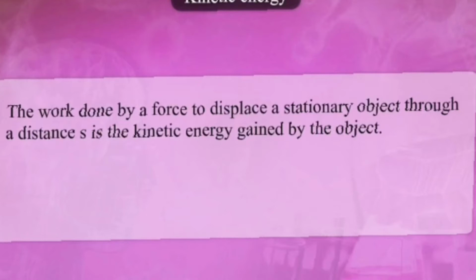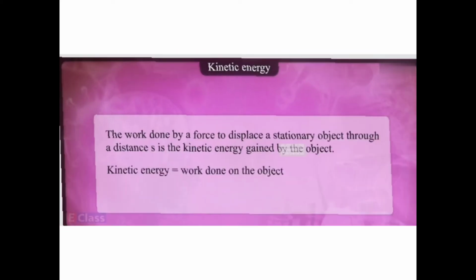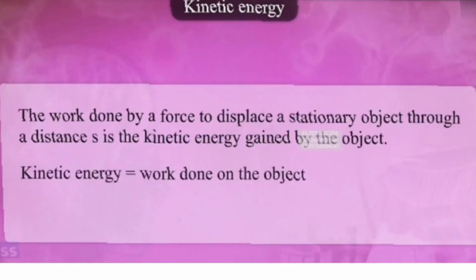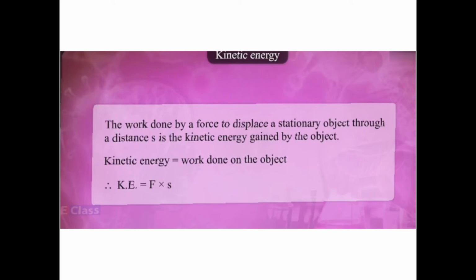So the work done by a force to displace a stationary object through a distance s is the kinetic energy gained by the object. So kinetic energy is nothing but the work done on the object.